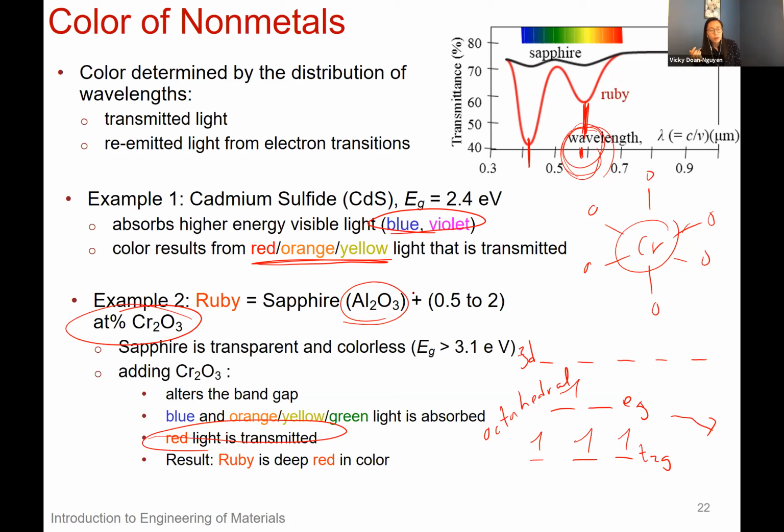Wavelength. I use frequency and wavelength interchangeably because frequency is just c over lambda. So it's just related by the speed of light. Well, inversely related by the speed of light. So if it's shorter than that, then your material will be transparent to that wavelength.